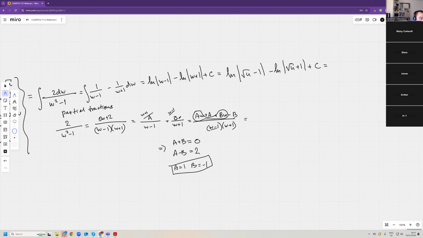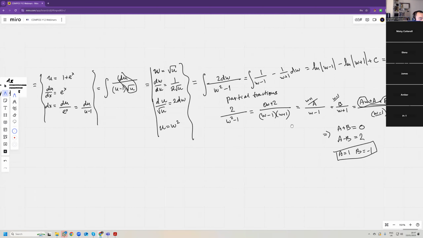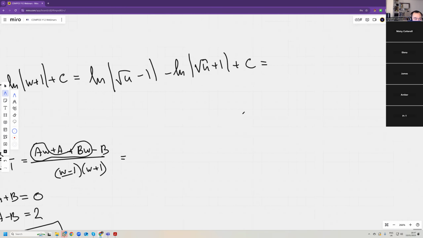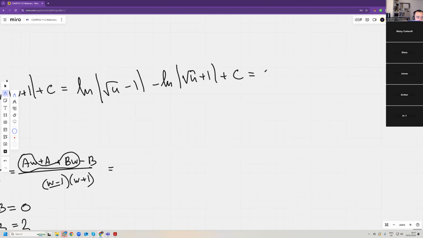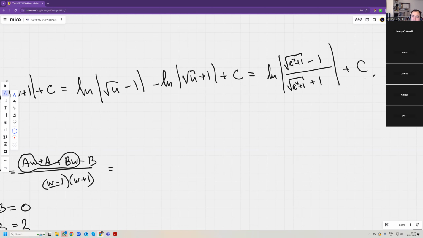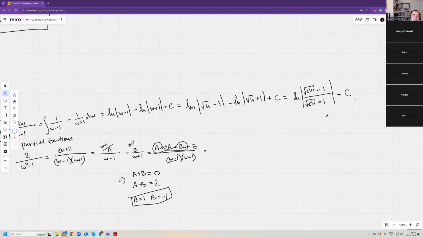And now square root u is square root of 1 plus e to the power x. So I can combine the two logs into one: logarithm of square root of e to the power x plus 1 minus 1, over square root of e to the power x plus 1 plus 1, plus c. And that is the solution.